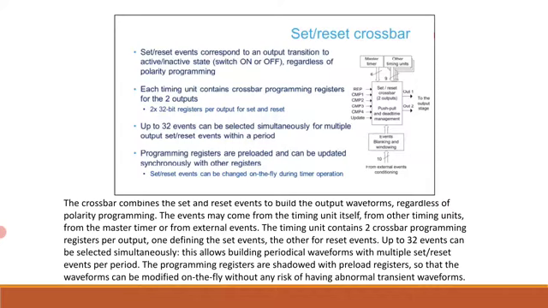The timing unit contains 2 crossbar programming registers per output, one defining the set events, the other the reset events. Up to 32 events can be selected simultaneously. This allows building periodical waveforms with multiple set or reset events per period. The programming registers are shadowed with preload registers so that the waveform can be modified on the fly without any risk of having abnormal transient waveforms.